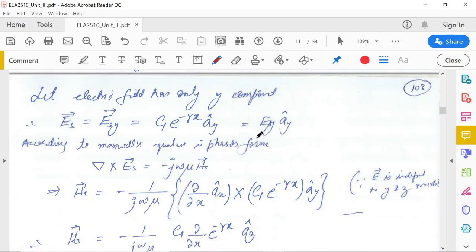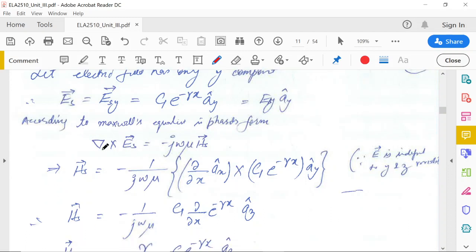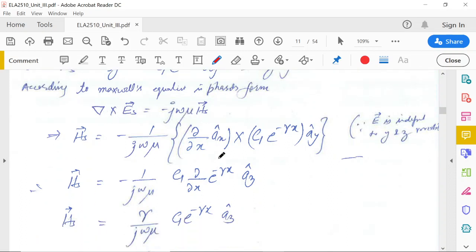Now to find the magnetic field H, we apply Maxwell's equation in the phasor form. So del cross Es equals minus j omega mu Hs. So Hs equals 1 over minus j omega mu times del over del x Ax cross Ey Ay, where the derivative gives minus gamma. Because this is a function of x only, del over del y and del over del z will give you 0. So we have omitted those and only have this part, del over del x Ax.